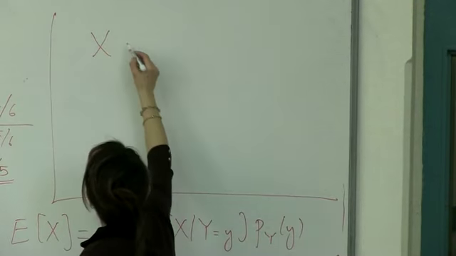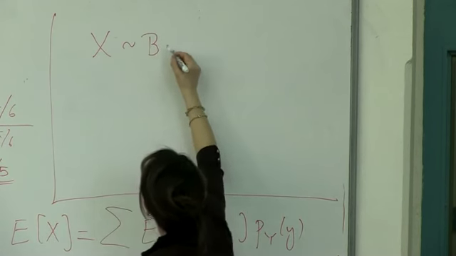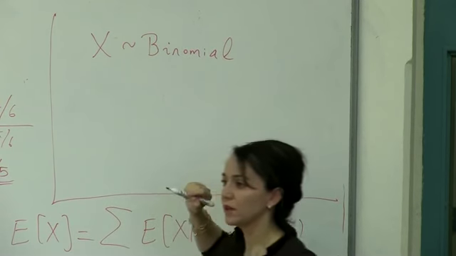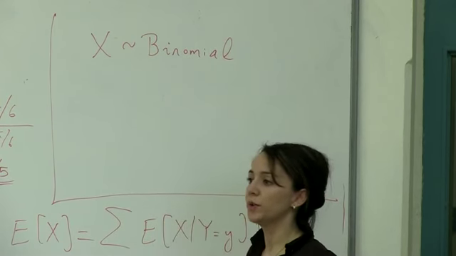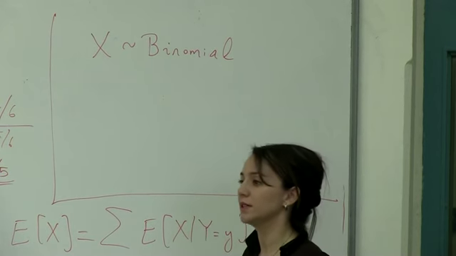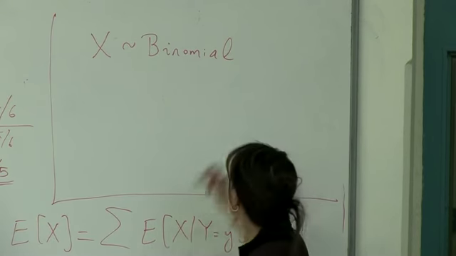X is distributed according to a binomial. Do you see this? What's a binomial random variable? It counts the number of successes in n trials, n independent Bernoulli trials.